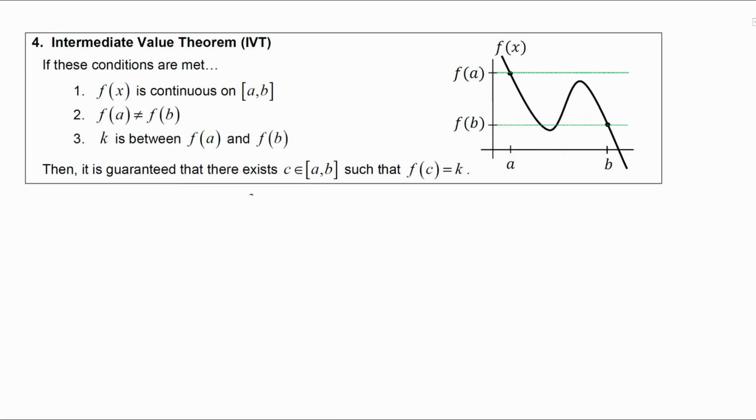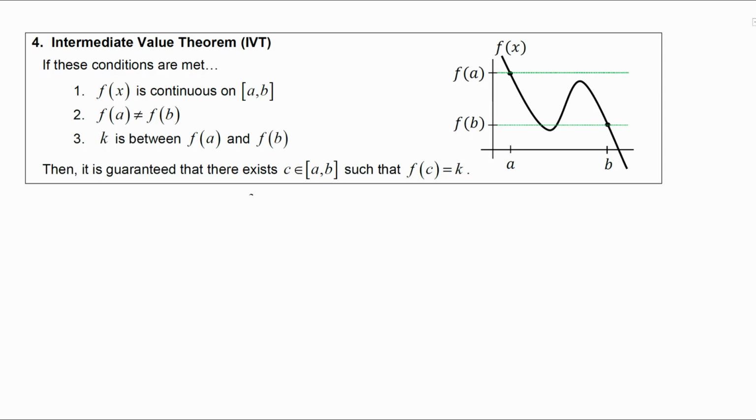Next one is very important, the first theorem of calculus: the Intermediate Value Theorem. You can use an abbreviation. We use IVT for the Intermediate Value Theorem. In order for the Intermediate Value Theorem to apply, the following 3 conditions have to be met. First of all, f of x has to be continuous on the closed interval [a, b].